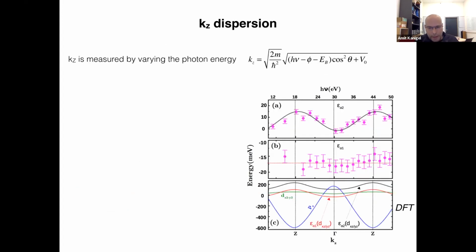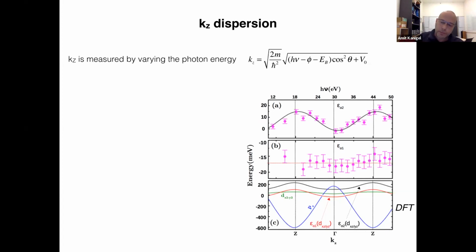Okay, so next we can now look at the dispersion along KZ and try to compare it to the DFT prediction. To do that, as I said, we vary the photon energy, and using the simplest assumptions done in ARPES, we can relate this photon energy to the momentum normal to the surface.